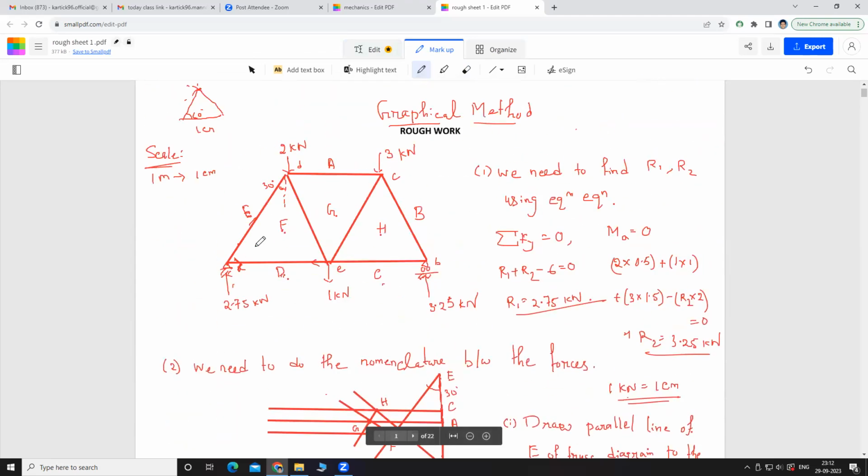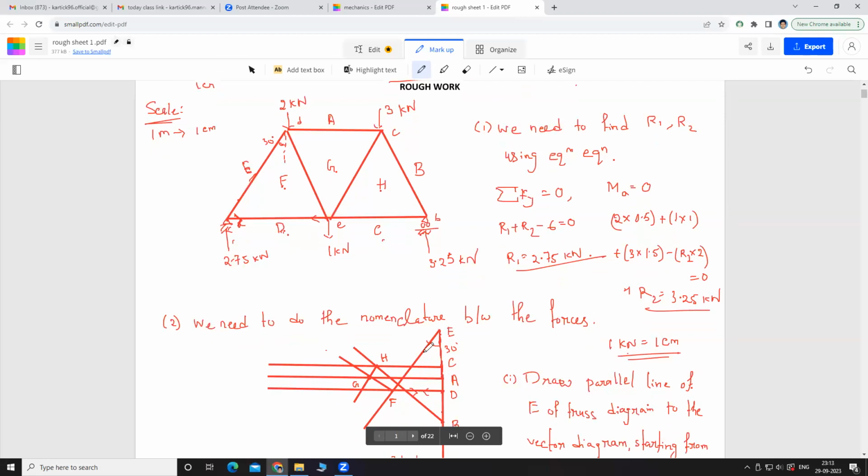Now tell me if it is in compression or tension. When we're looking from E to F, E to F means this direction. Now, looking from E to F, what is the right hand side?